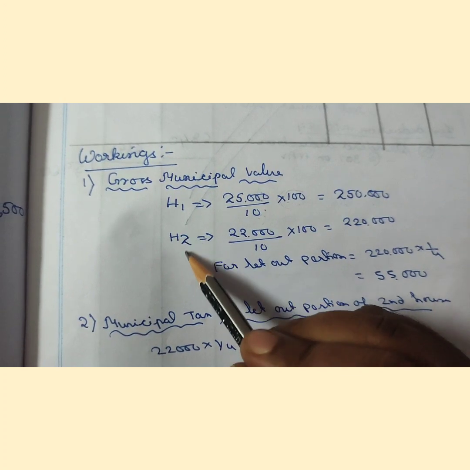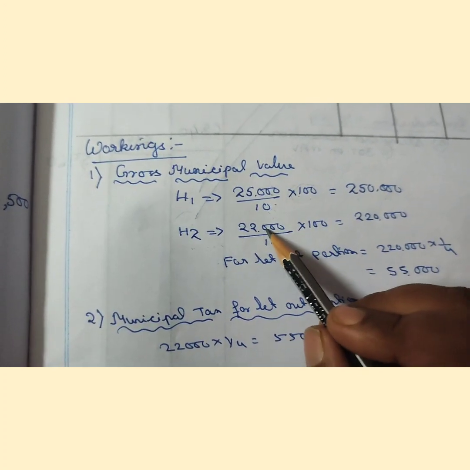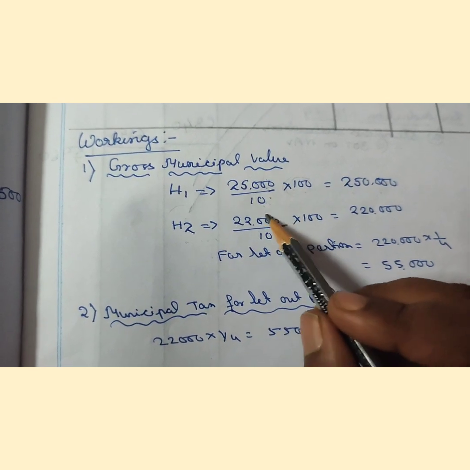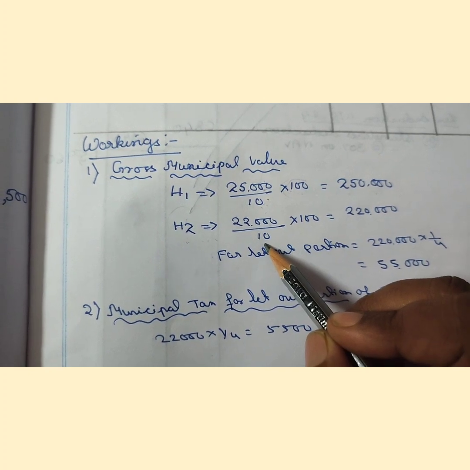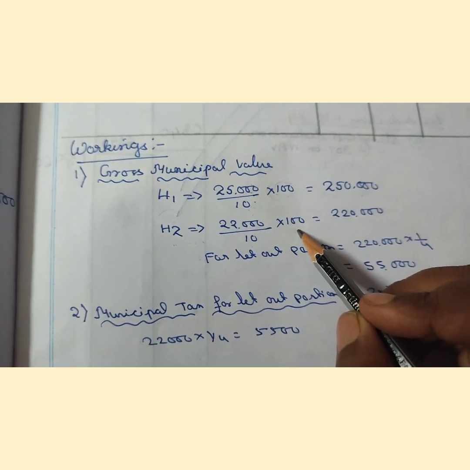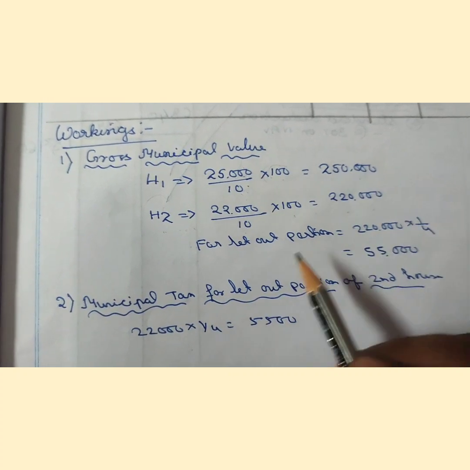We have already computed house 2 gross municipal value also. In the question it is given 22,000 is the municipal tax assessed at the rate of 10% on municipal value, so municipal value is 100% and it is calculated as 2,20,000.